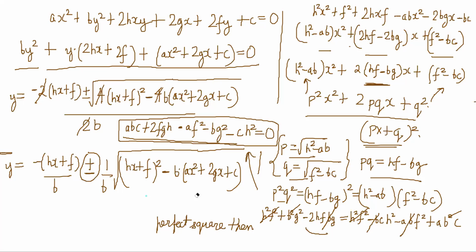So my y is equal to minus hx plus f by b, plus minus 1 by b. Plus minus, I don't want to write the inside part. I already know it is going to be px plus q.